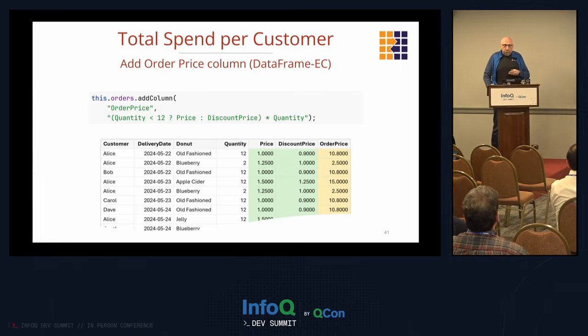Again, I would argue it's very, very readable. You don't need to specify the column type because under the covers, everything is actually strongly typed and there is type inference being done for you. And if you try to, I don't know, multiply quantity by donut name, you will get a meaningful error message telling you that you, well, shouldn't be doing that.